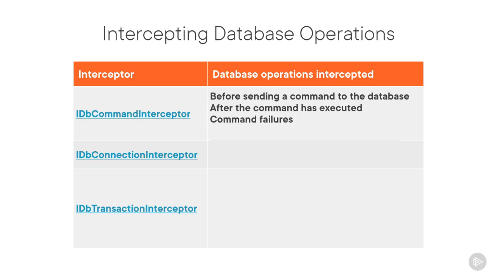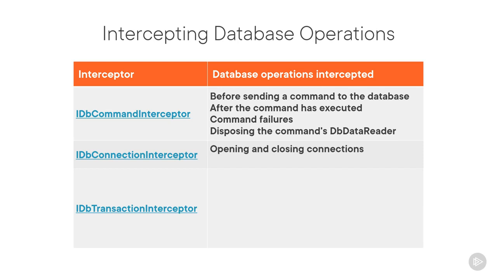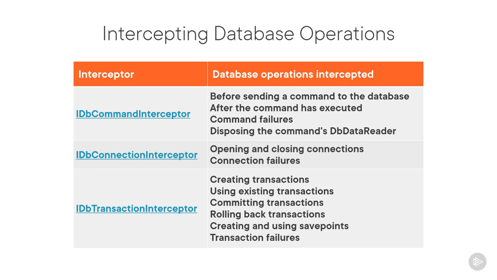You can capture command failures as they're returned from the database, and just as EFCore is about to dispose the DB data reader that it created to capture any results, you can tap into that as well. For connections, you can access them just as they're being opened or closed, and if a connection fails. And those expose all kinds of details that you can interact with. And the transaction interceptor also exposes a number of points within its operation that you can view or manipulate.